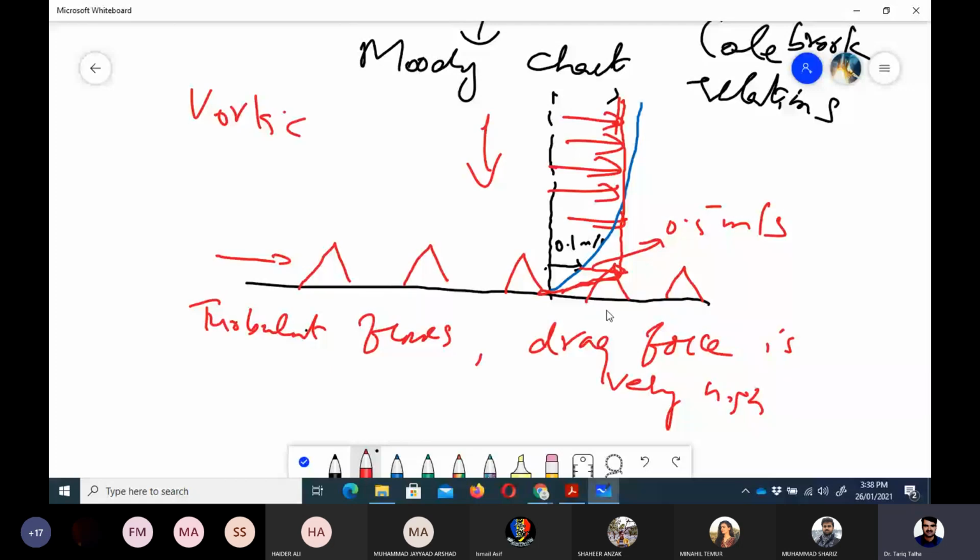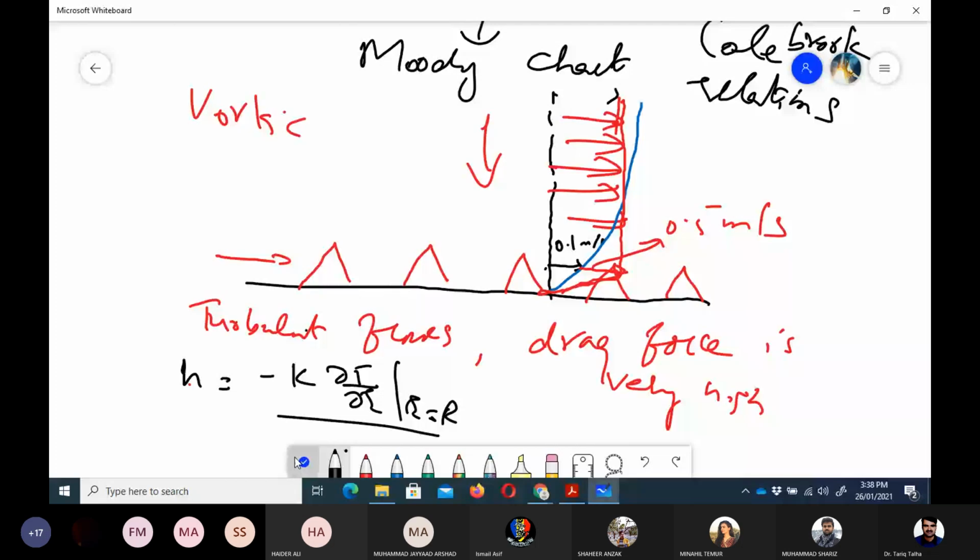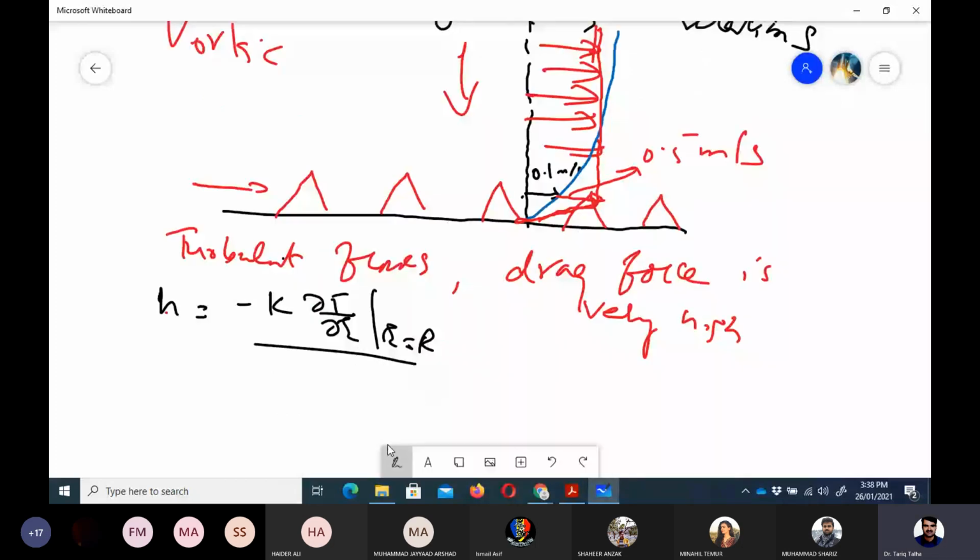And then for the same reason we would have a high h, because if I write the h value here, that is again h = -k (∂T/∂r) at r = R, divided by (Ts - Tm). Now ∂T/∂r at r = R would also be very high, because the temperature here in the middle would be higher than this.